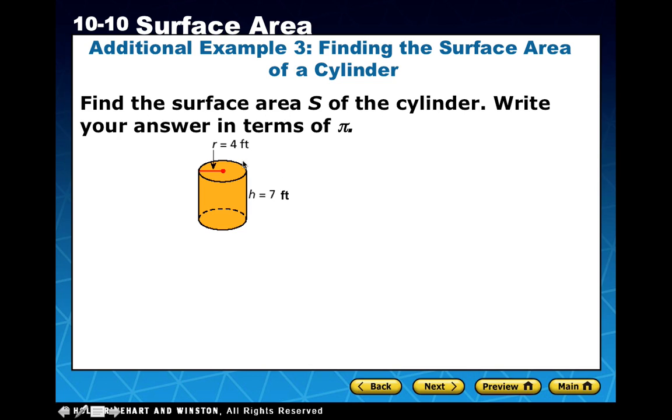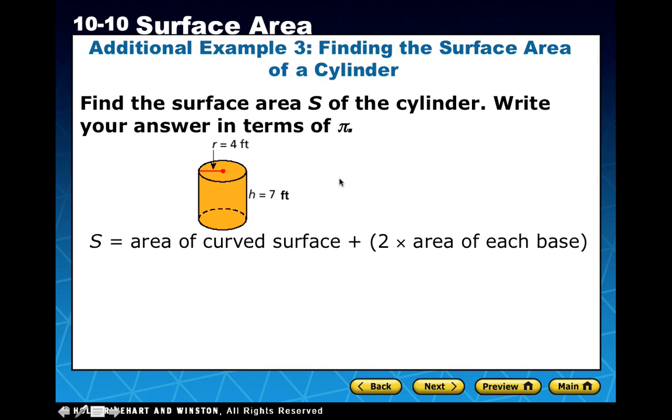All right, surface area of a cylinder is going to be 2 times the area of the circle, the area of the base, plus the circumference times the height, which will give you this middle section. Okay, so the circumference is 2 pi r times the height.